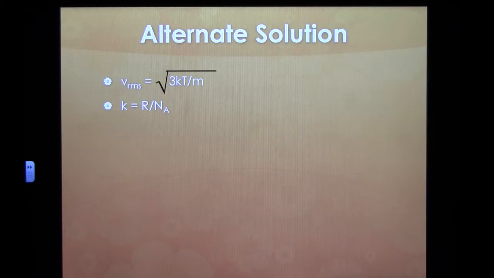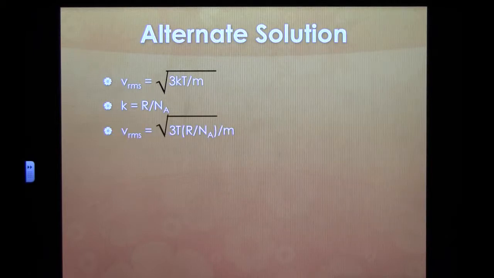We can plug in R over N_A for k, and our formula will look like this. Now remember, we said this m in this equation is the mass of a single molecule. But maybe we don't know the mass of a single molecule.